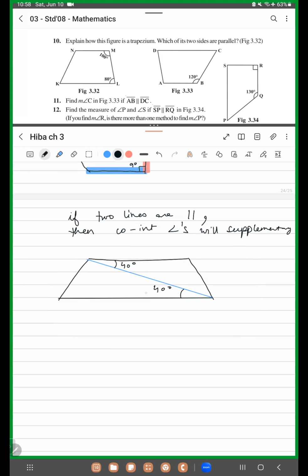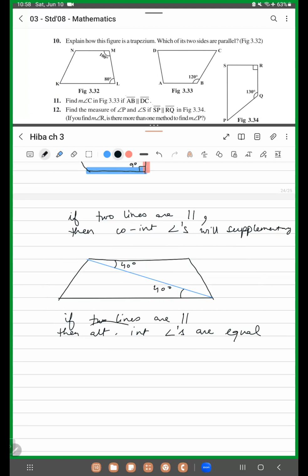You will say that we know that if two lines are parallel and there is a transversal between them, then alternate interior angles are equal. Do you know this? Its converse is also true. What is the converse?